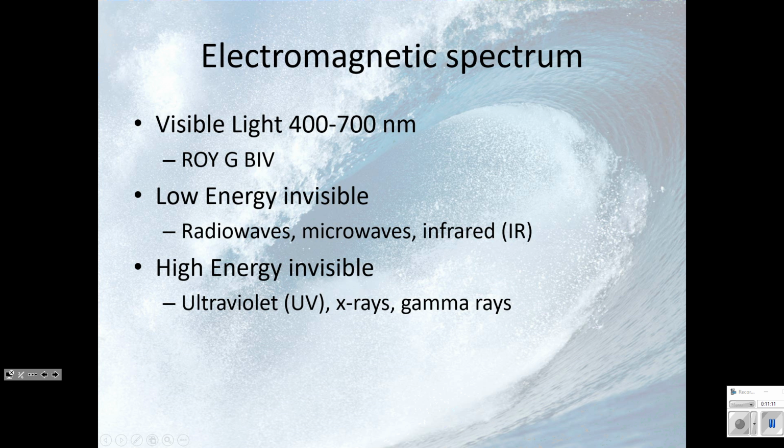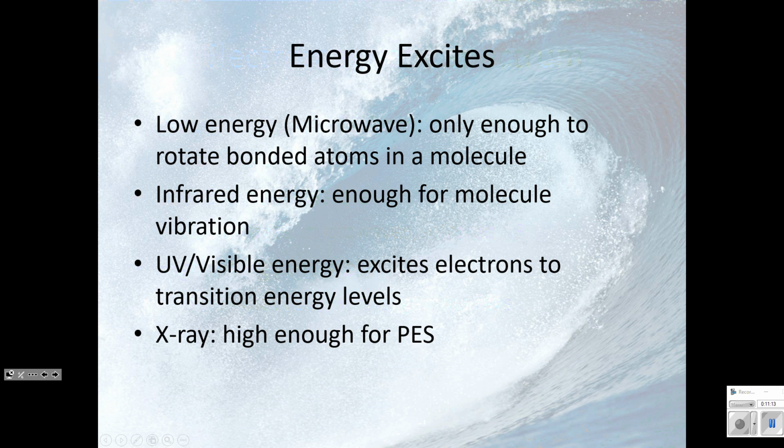Okay? So, remember what happens is energy excites electrons. Electrons jump up. If they fall back down, they can give off a different form of light. So, first off, my first bullet point is for low energy, kind of like a microwave.